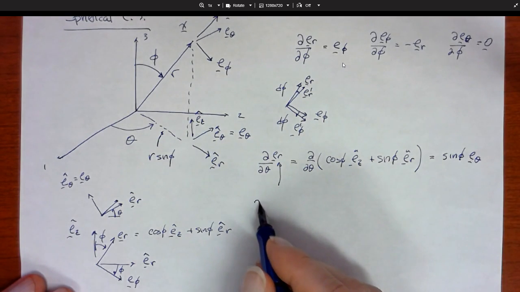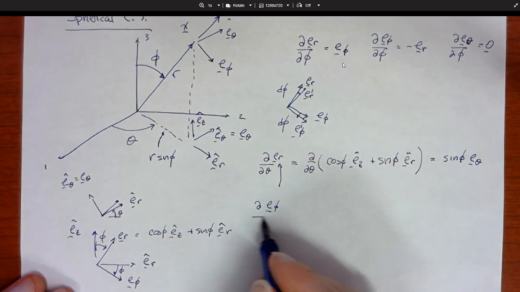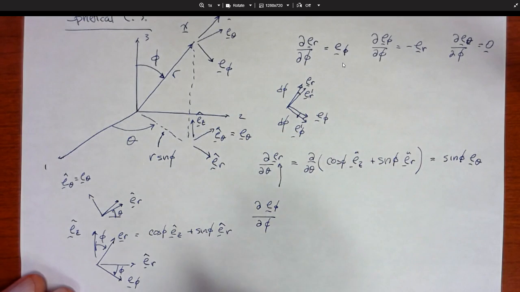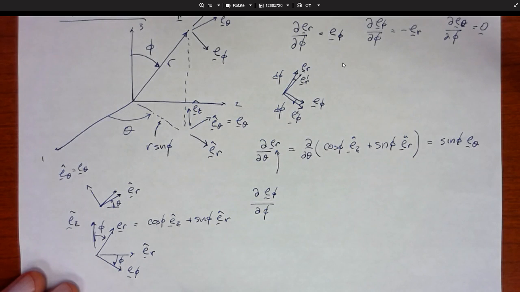Now, you can do the same thing for E phi, right? And I'm getting a little tired, as I think some of you guys are, so I'm going to just jump to the chase here.